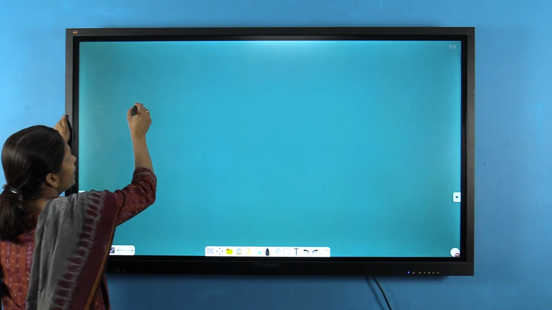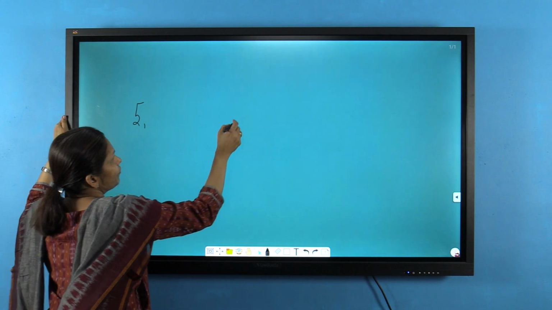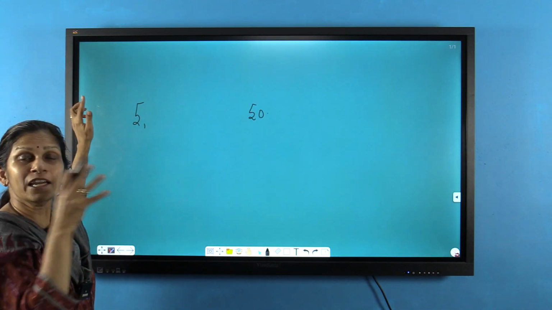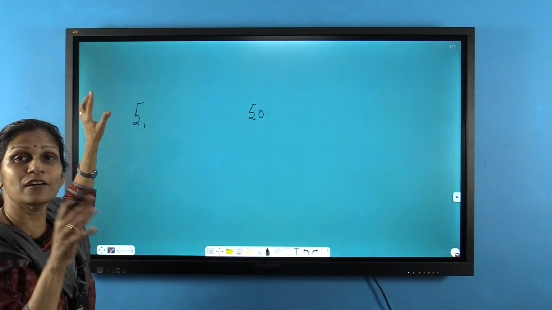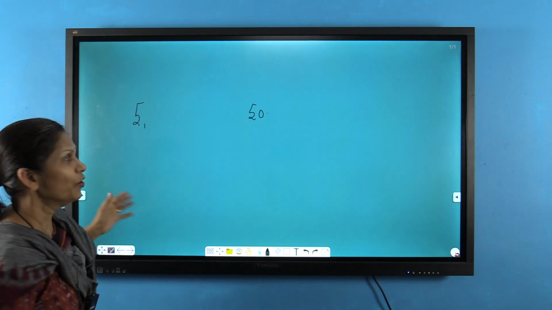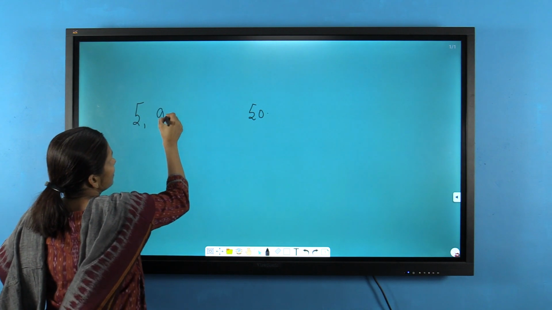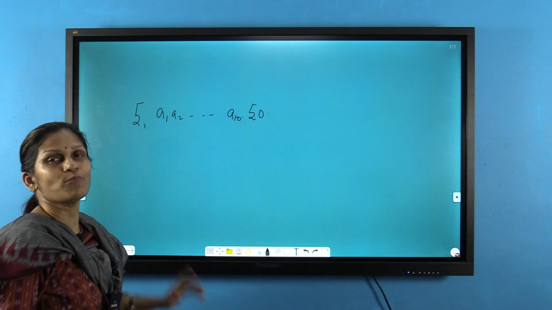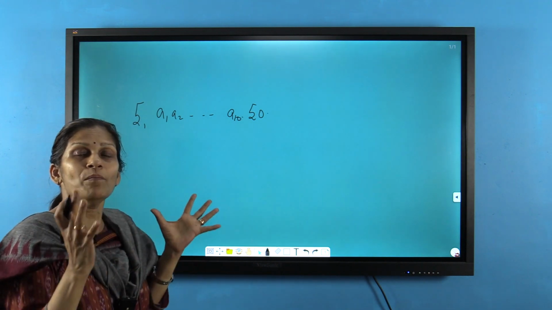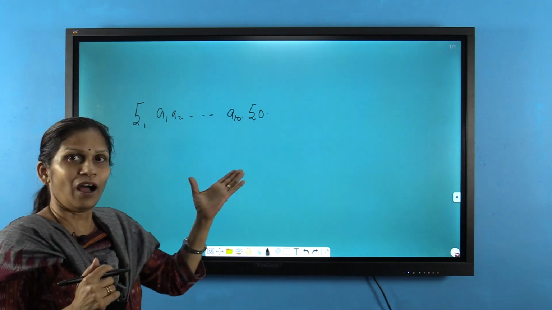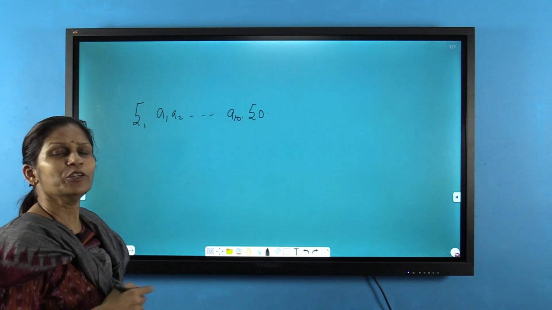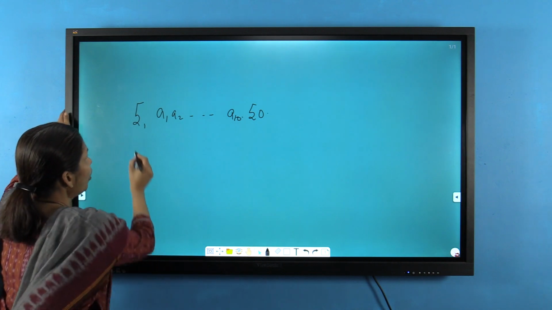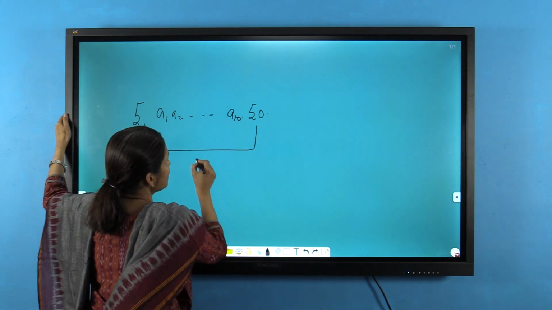Suppose between 5 and 50, you are inserting 10 terms so that it forms an AP. So you are inserting A1, A2, etc., A10, so that this forms an AP. What is the sum of all these terms? I am going to use this property here. You can use the formula and do it, but you don't need it. What is the sum of these two? Isn't it 55?